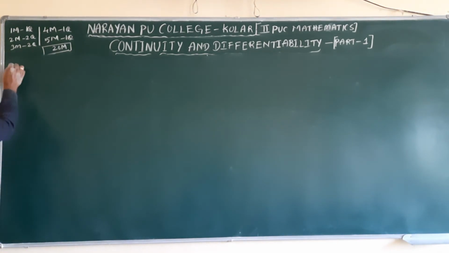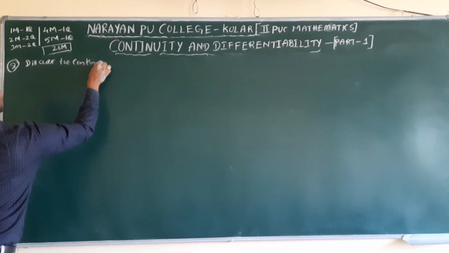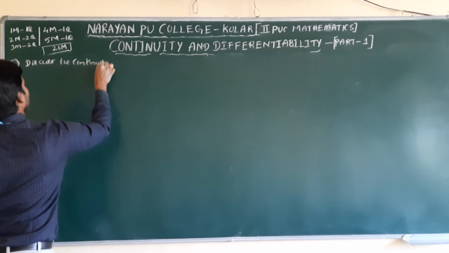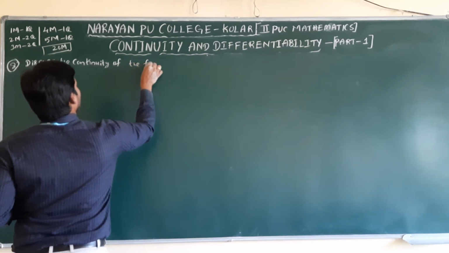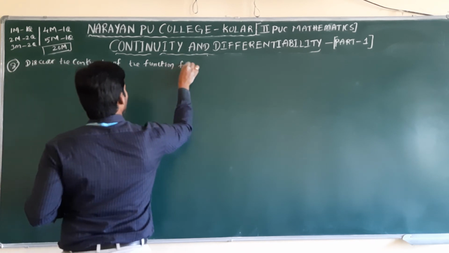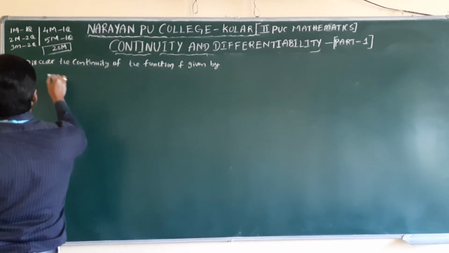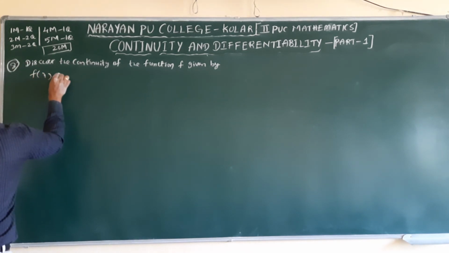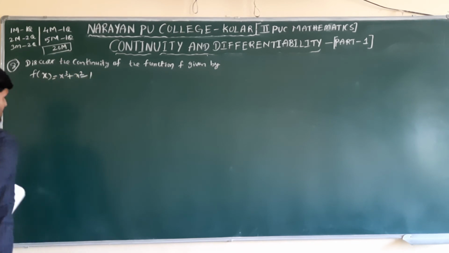Next, example 8. Discuss the continuity of the function f given by f of x equal to x cube plus x square minus 1.